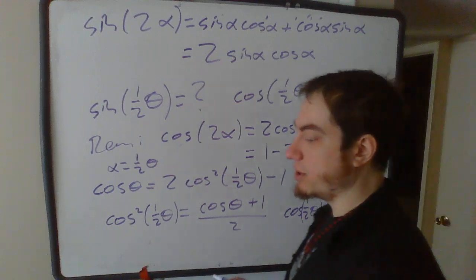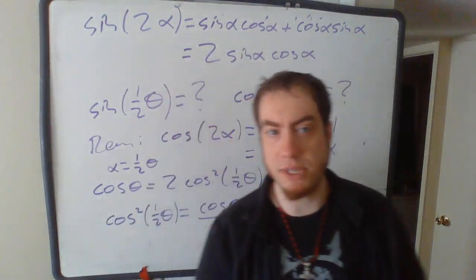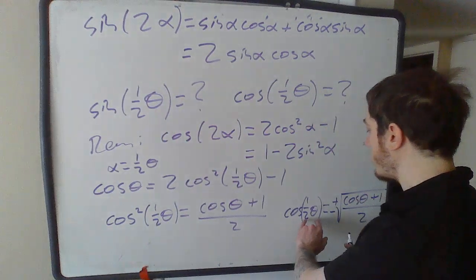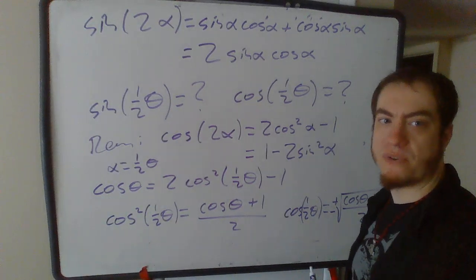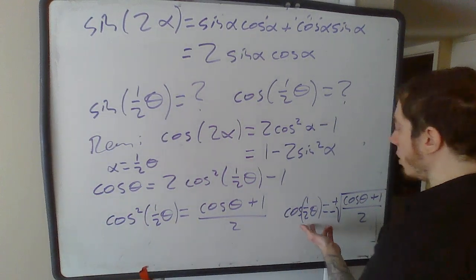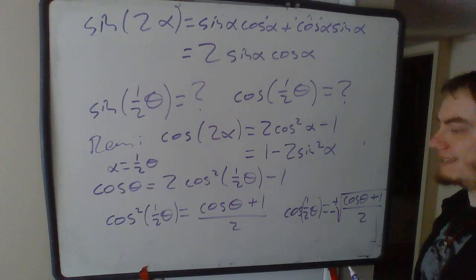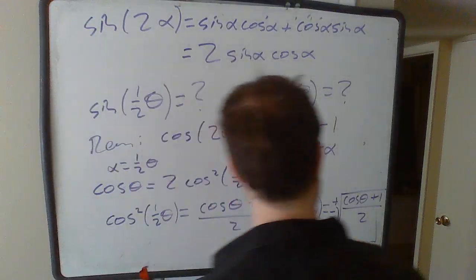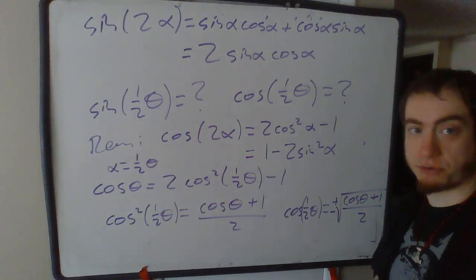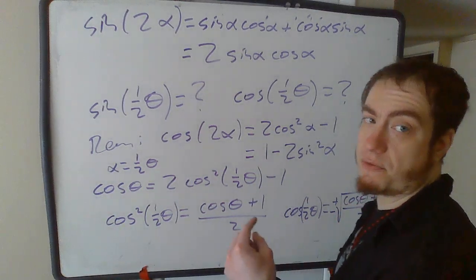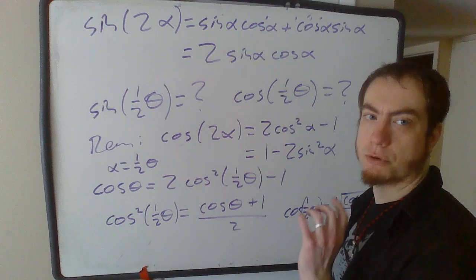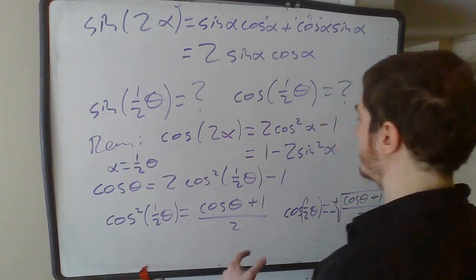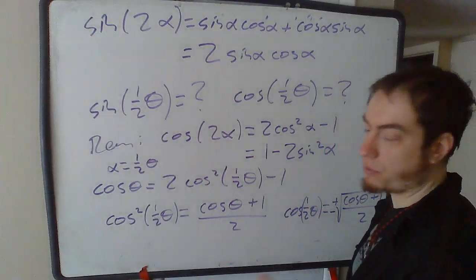To determine the plus or minus, all I need to do is ask what quadrant 1/2 theta is in. That tells me whether it's positive or negative, because remember, cosine is positive in quadrants 1 and 4. Hopefully you remember that by this point. Cosine is negative in quadrants 2 and 3.